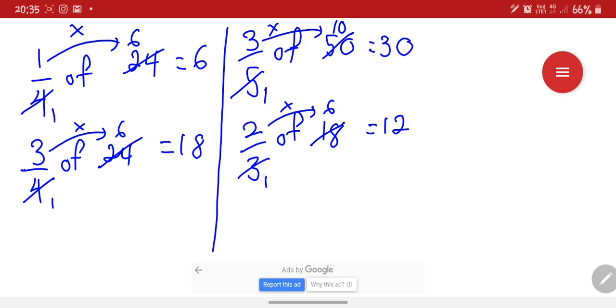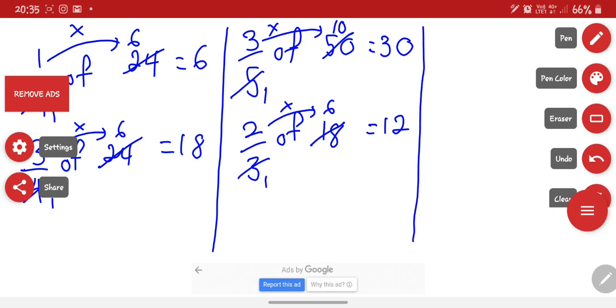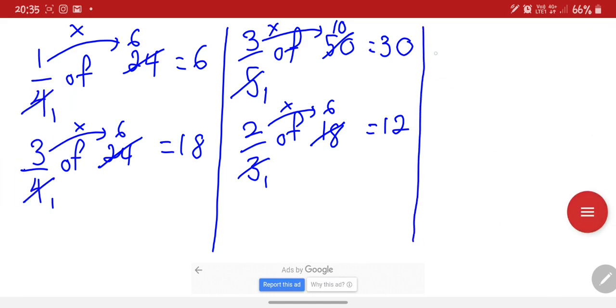It is divisible, there's no decimal or what sort. Now let's say I go to another question. I'm just changing the denominator. So let's say we have 4 out of 6 of 36. Okay, we want to know 4 out of 6 of 36.